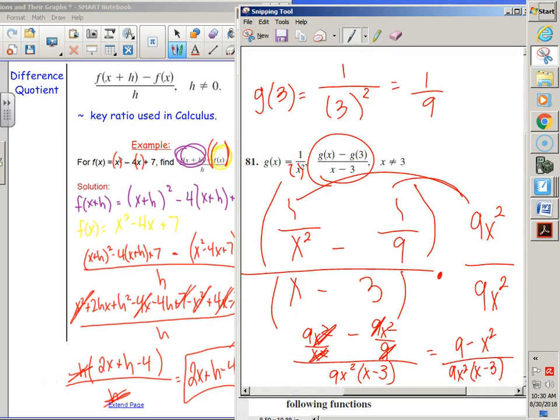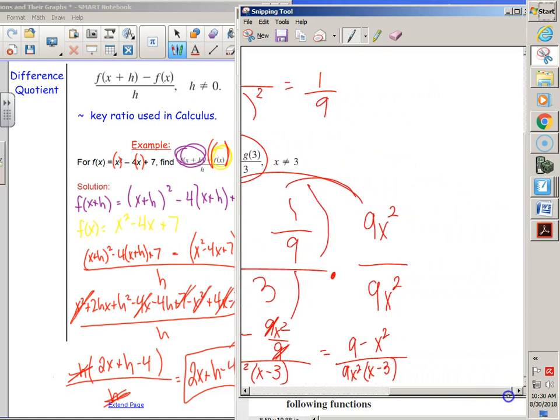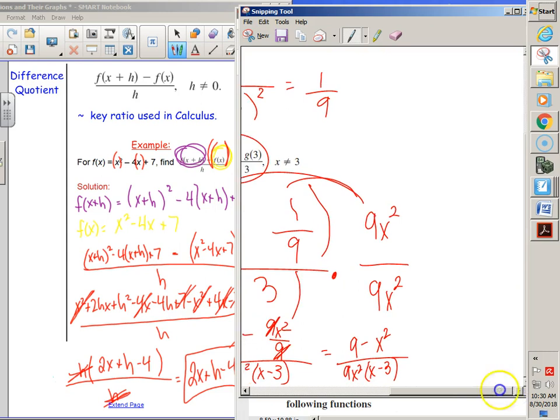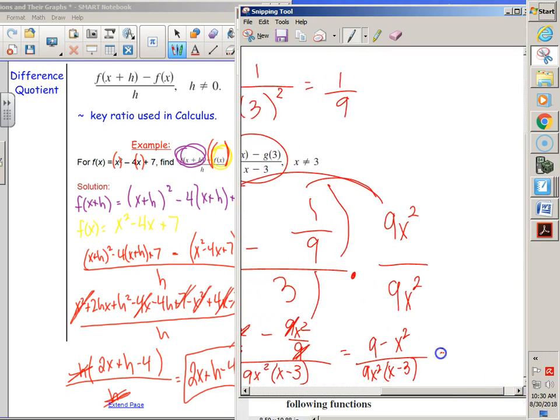Don't cancel the 9s and the x's across like that. Please, please, please. But what can you do? You can pull out a negative, because that's not the order that we want it in. We want it to be that way. Pretty soon with factoring, some of you saw it, I am allowed to legally get rid of somebody. But then I'm stuck with the rest.